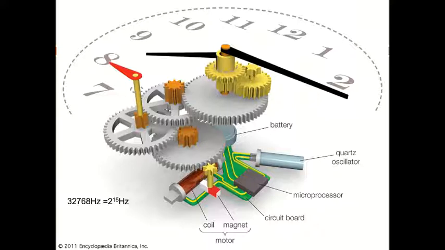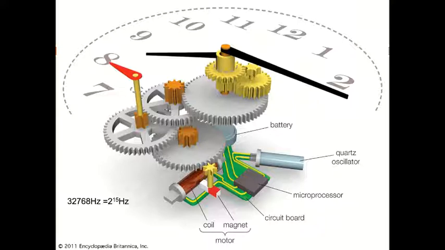When the quartz oscillates, it produces electrical signals. Or vice versa, if we give a small amount of electrical supply, the quartz crystal starts to oscillate. The frequency of the quartz crystal is 32,768, that is 2 power 15. That is the frequency.